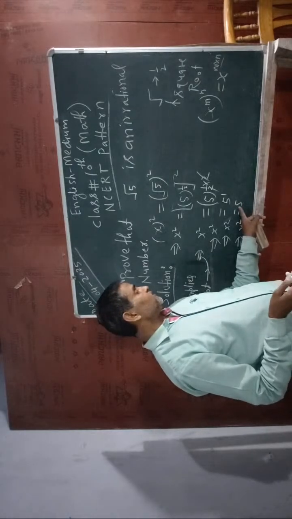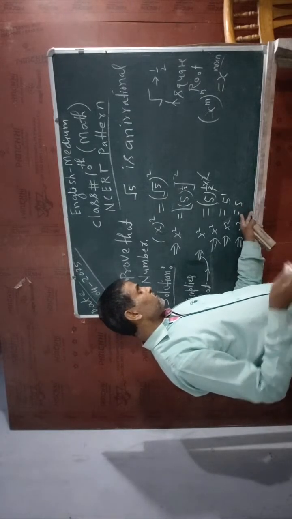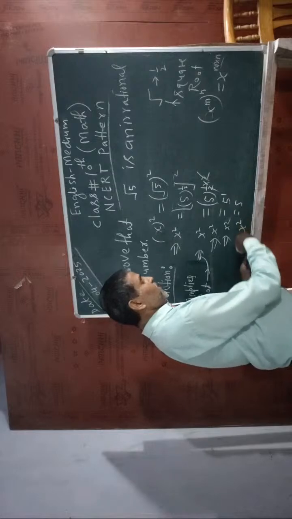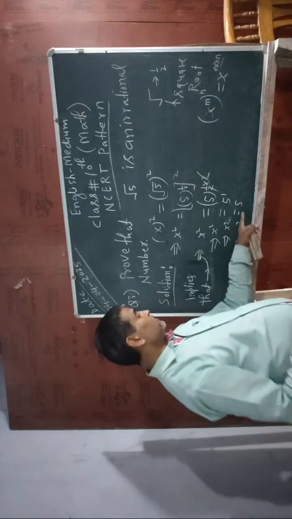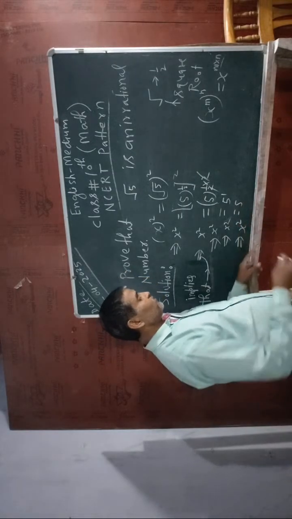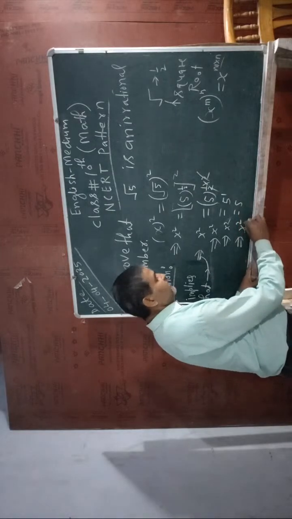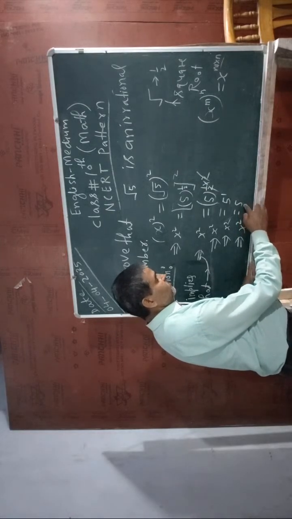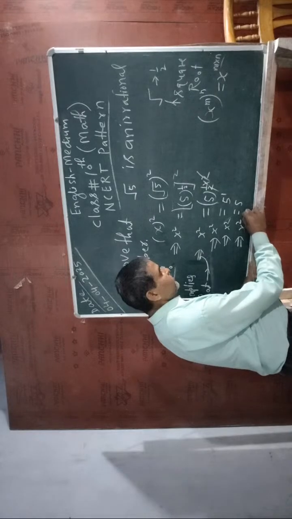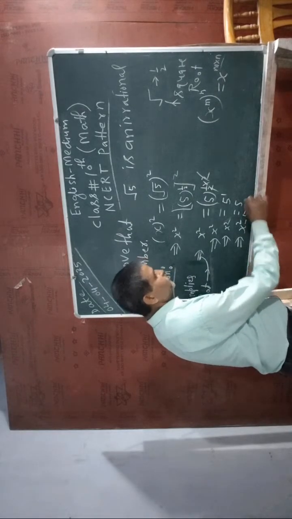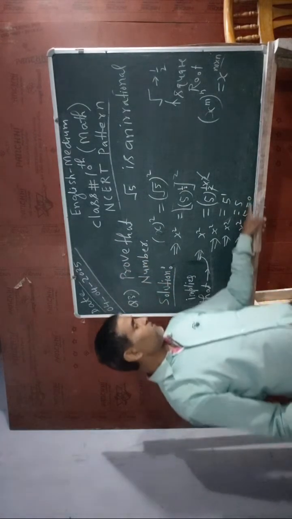Here the sign is plus on the left hand side, so after going across the equal sign its sign will change. This 5 will come before the equal sign, so it will be minus. So here x square minus 5 is equal to 0.